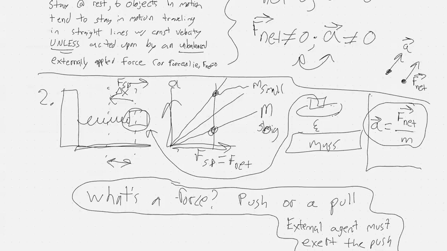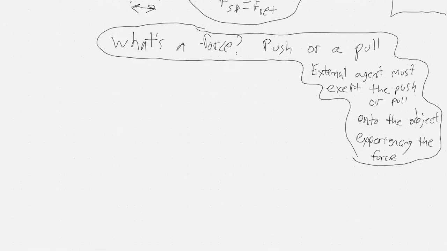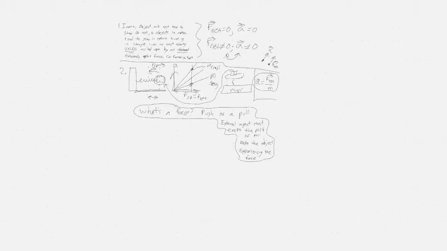The third law, law 3, says this is always a two-person dance, it takes two to tango, which we already qualified above in the second law when we talked about what a force is. You need an external agent, that's a thing, to apply a force to some object experiencing that force, right?